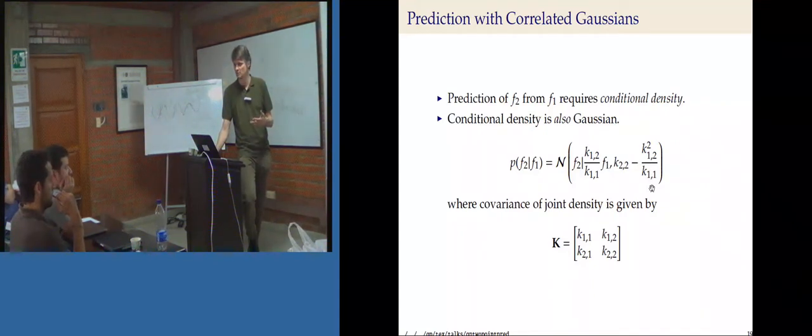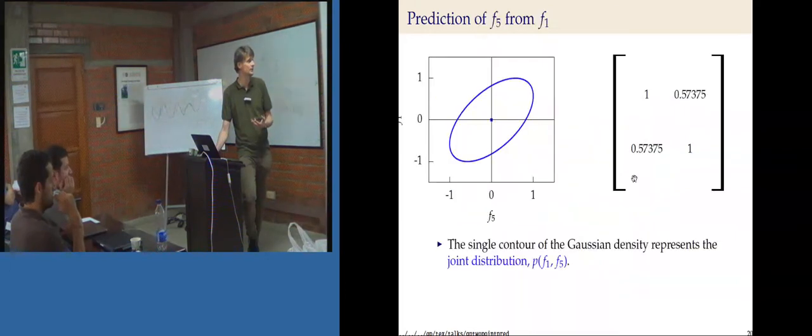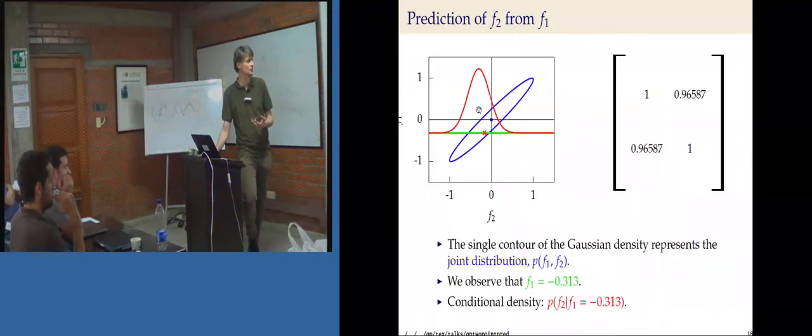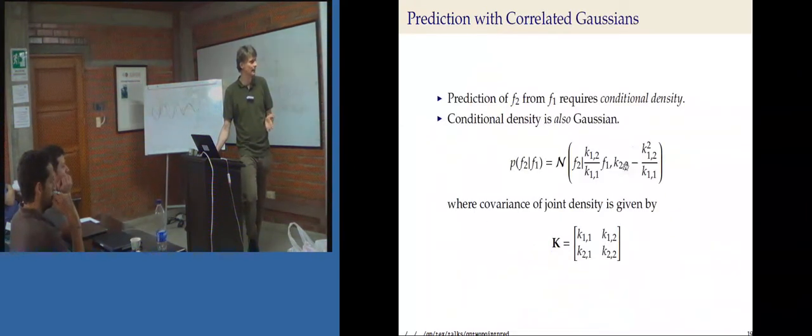So it's, I don't know, about 0.05 or something like that. And that's giving us the form of this distribution here. Mean of about 0.3, just under 0.3, or just over 0.3, and variance of 1 minus 0.96 squared. Okay? Makes sense? So mathematically that's what's happening.